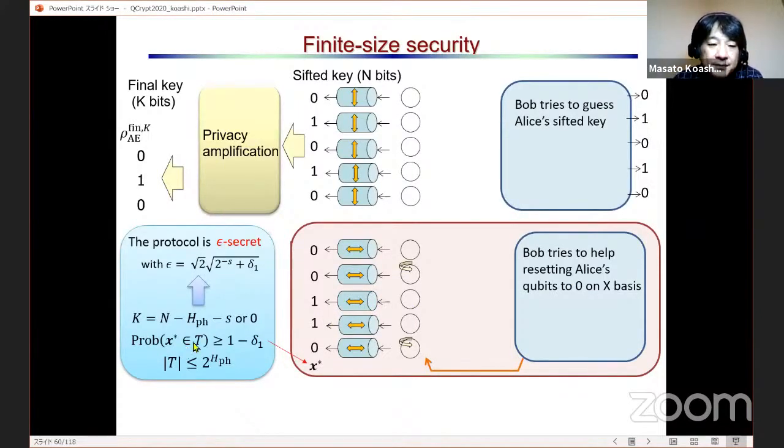But if you can find this kind of promise here and set the final key length like this, then you automatically have an epsilon secret final key, with epsilon being this quantity. So this gives the recipe for proving finite size security against a general attack.